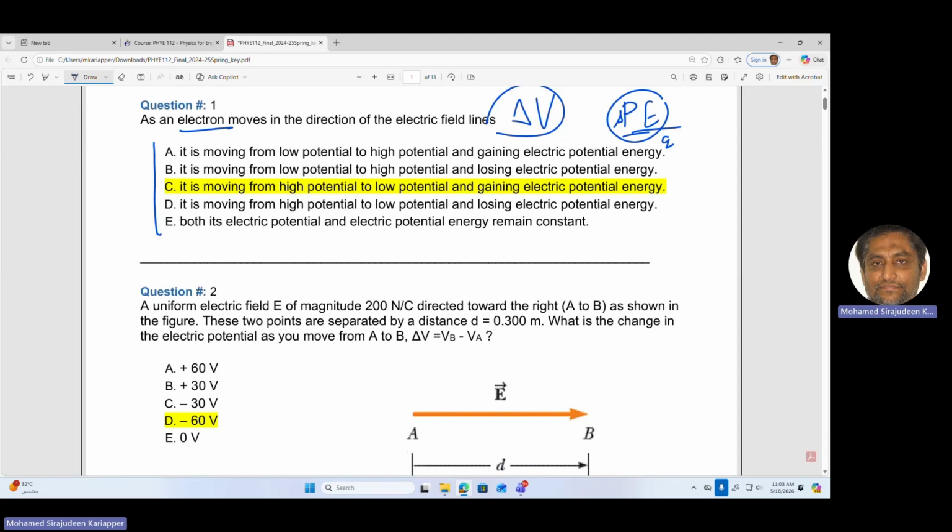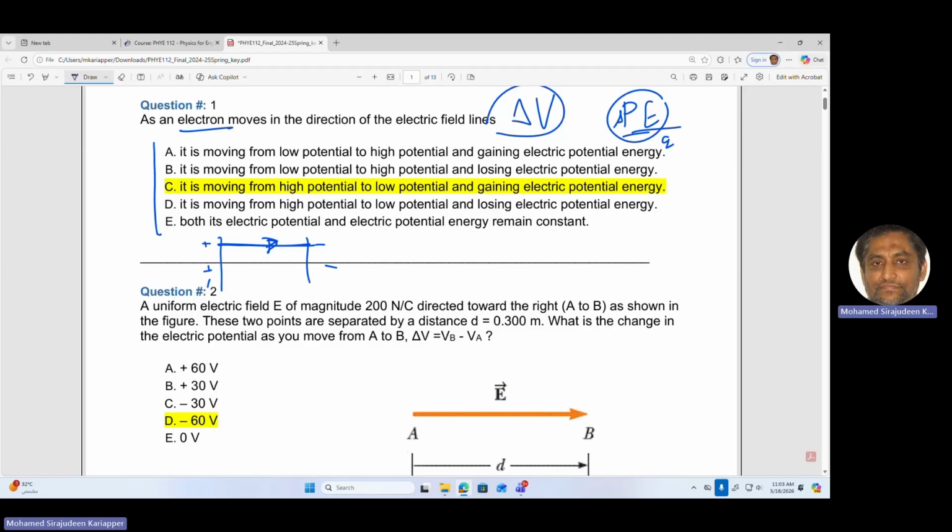When you travel in the direction of the electric field, potential decreases. It's easy to remember this way, if you know the capacitor plate, we have a uniform electric field. The electric field is from the positive plate to the negative plate.